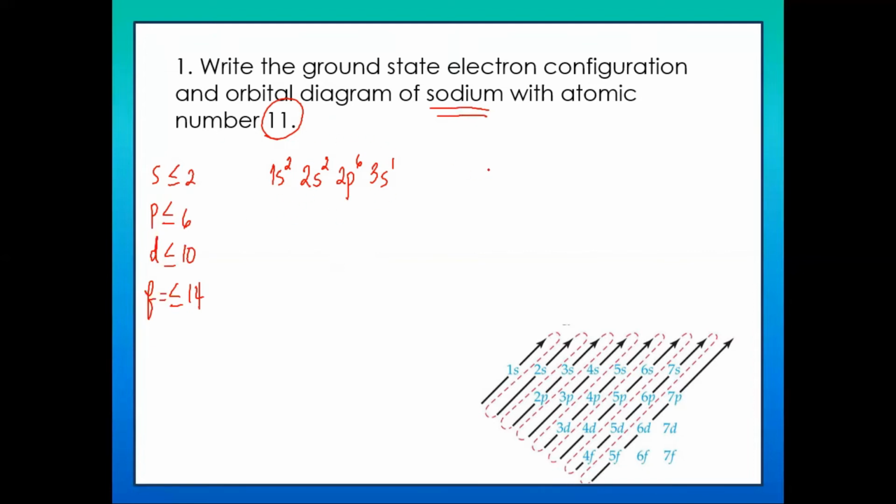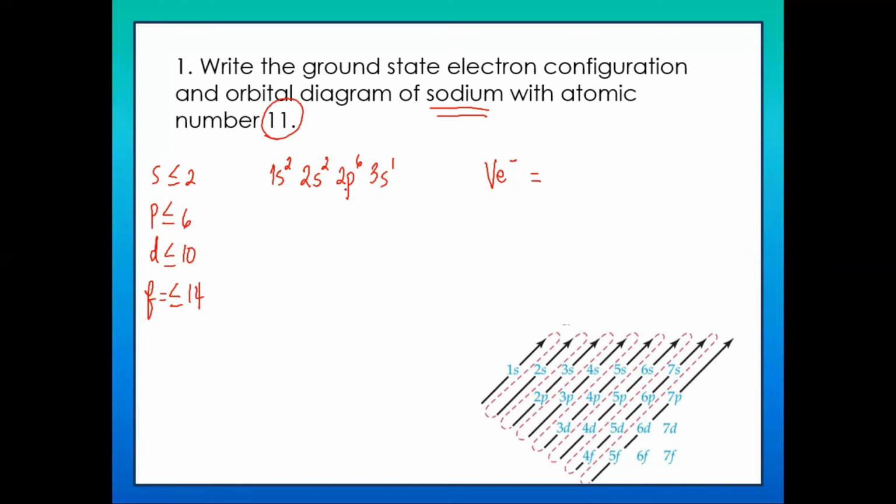Now, if we're going to identify the valence electron, that's the symbol on how you write valence electron. If you're going to recall, the valence electron is found at the outermost energy level. So the outermost energy level here is the 3s. That is the one with the highest energy level.